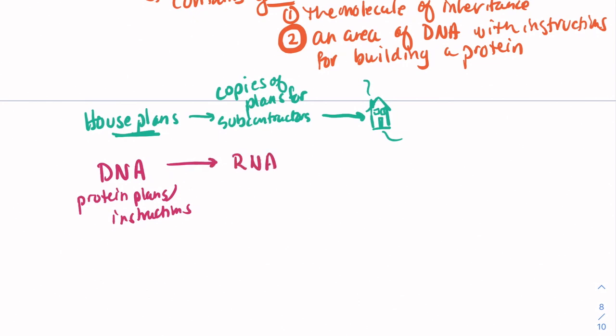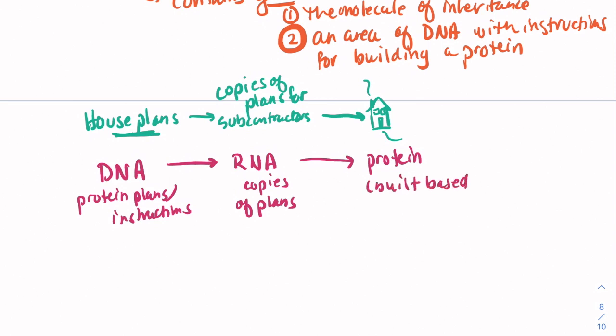RNA, ribonucleic acid, these are the copies of the plans, copies of the plans for how to build a protein. And then RNA gets out into the rest of the cell, gets together with all the ribosomes and everything, and then builds a protein, which is built based on what the gene and the copy of the gene said to do.